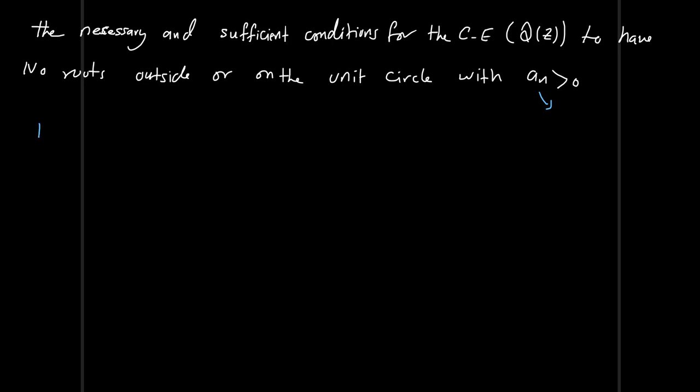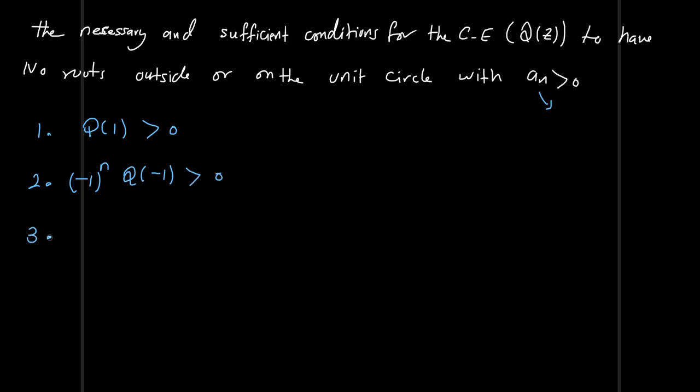So the first condition, Q of 1 must be greater than 0. The second condition, minus 1 to the power n, where the n is the order of the system, Q of minus 1 must be greater than 0.